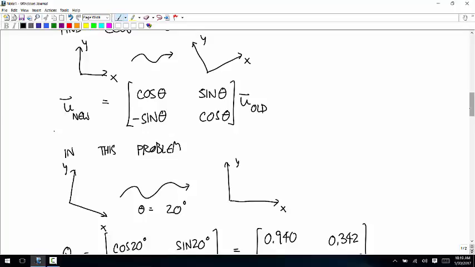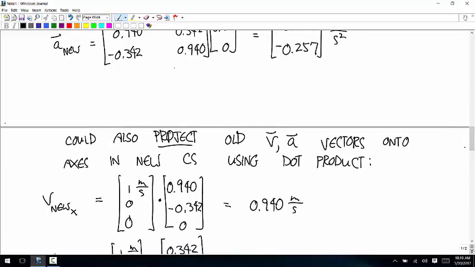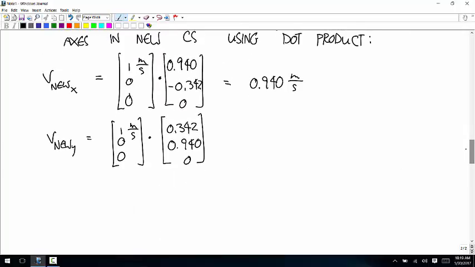Yeah, you're right. That should be cosine and sine of 20. So we're going from our old coordinate system to our new coordinate system.